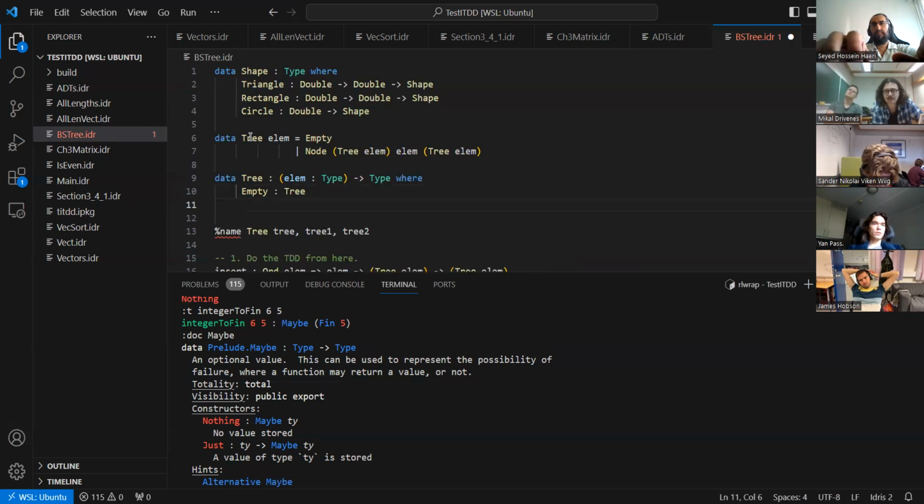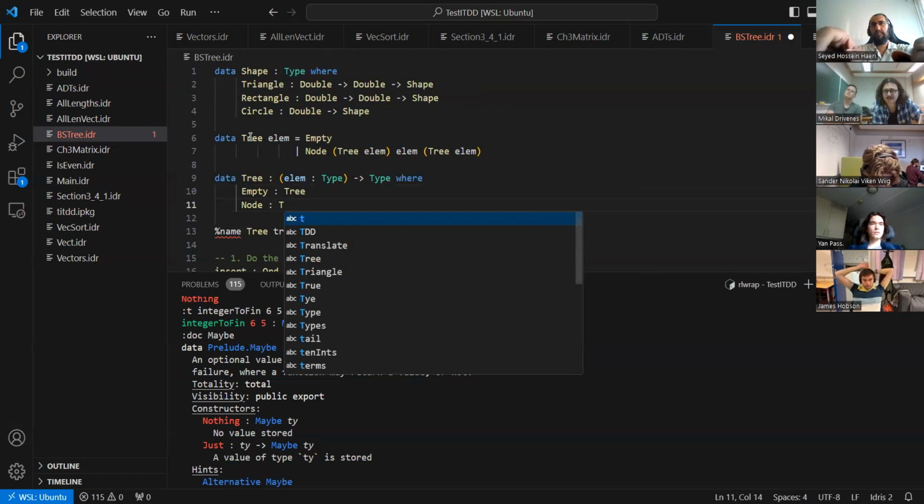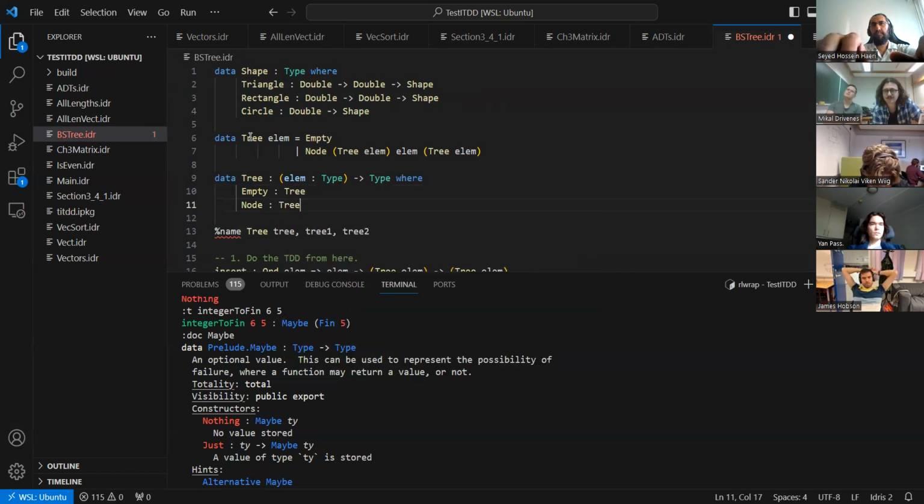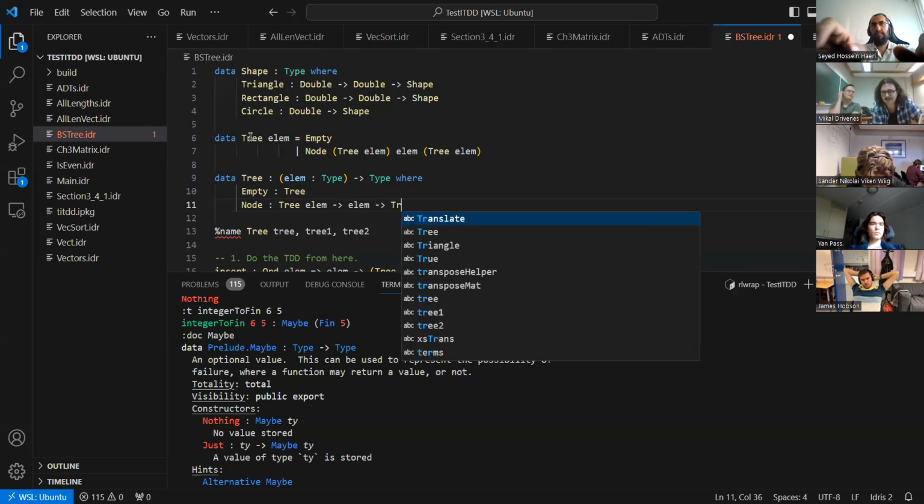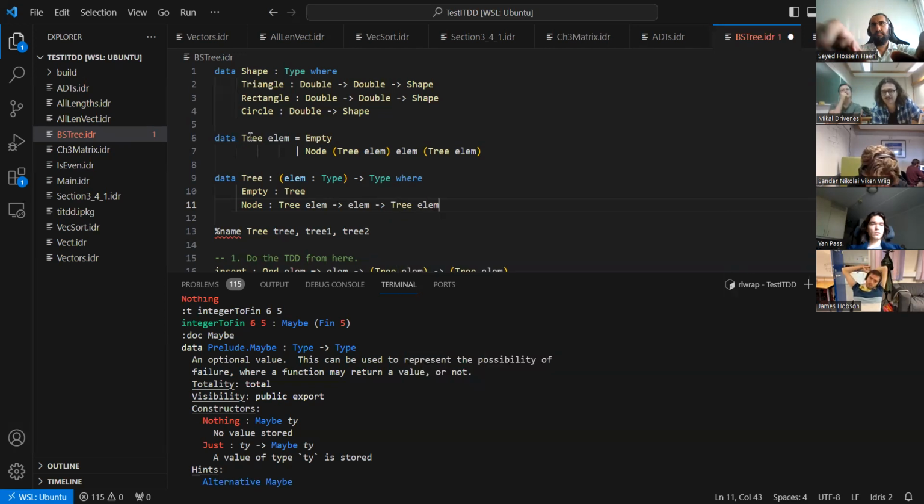So next line, node, colon, tree, of type elem, and then the next argument would be elem, and then tree elem, and you return tree of the same type.